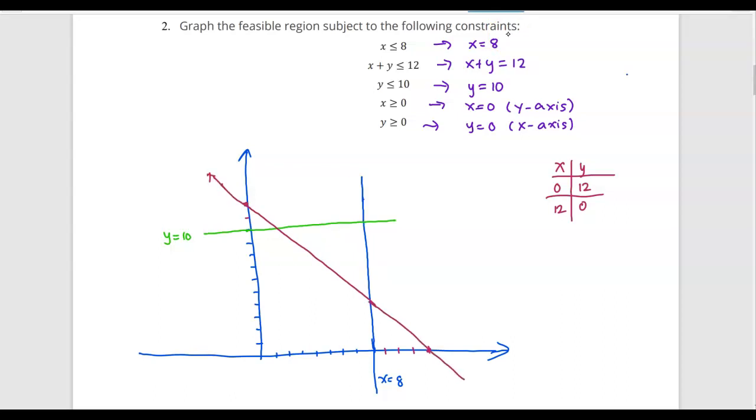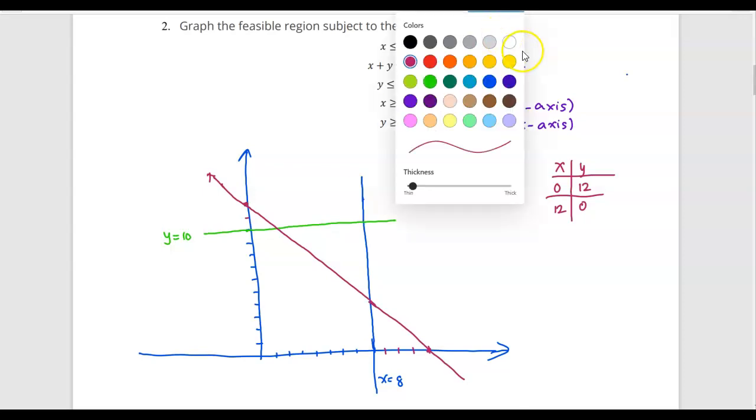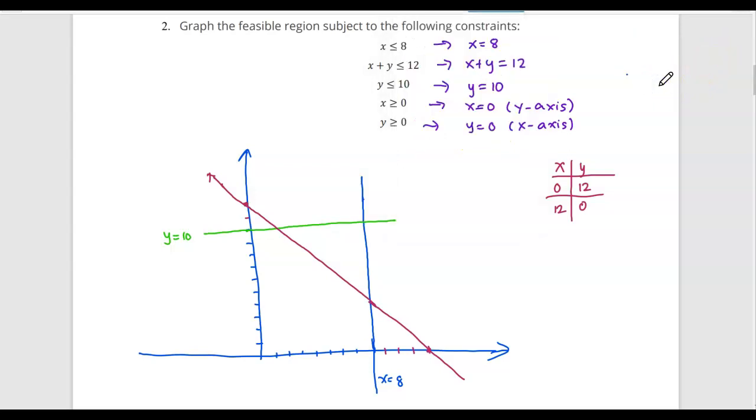So as you notice here, we have several regions. Let's number our regions: 1, 2, 3, 4, 5, 6, 7. Those will be the possible regions.